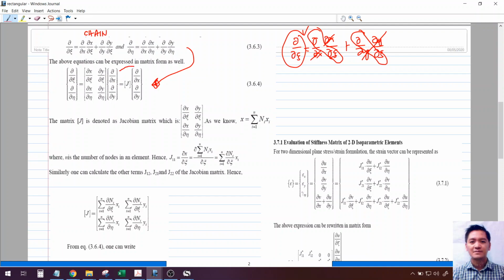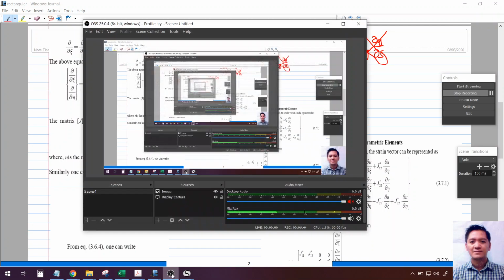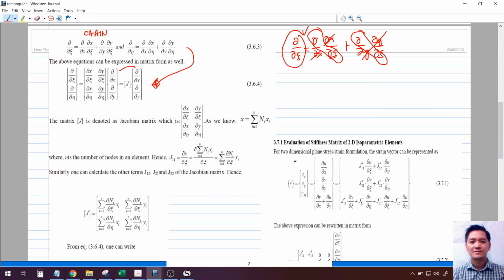Now, we extract this, so we state d/dx and d/dy. Then we will call the matrix that came before it our Jacobian matrix.